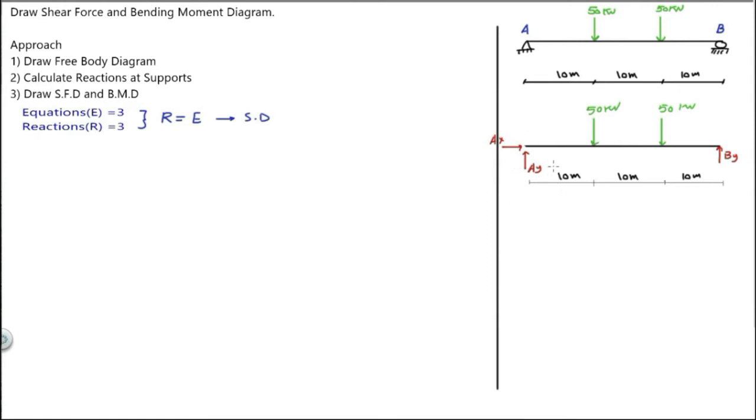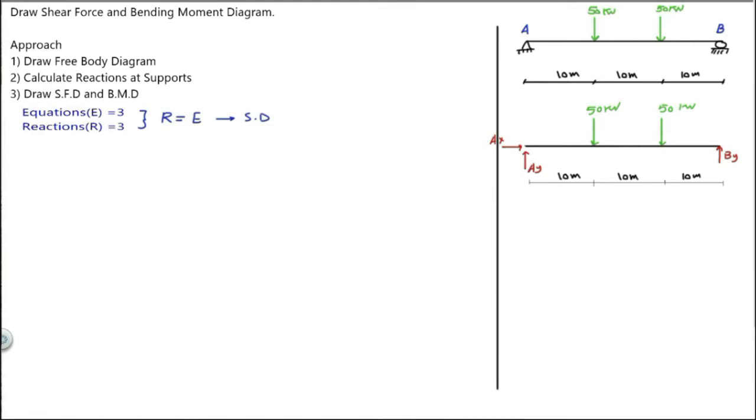Here there are 3 reactions. And then count the equations you have. There are 3 equations: sigma Fx equals 0, sigma Fy equals 0, and summation of moment equals 0. Since E equals R, it's a statically determinate structure.